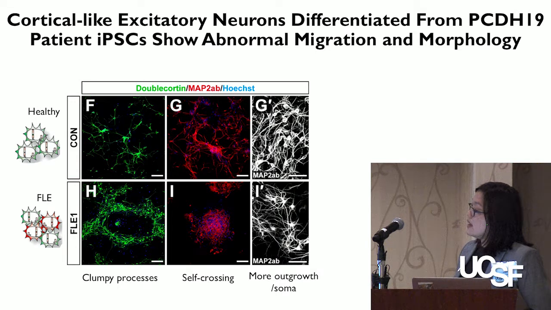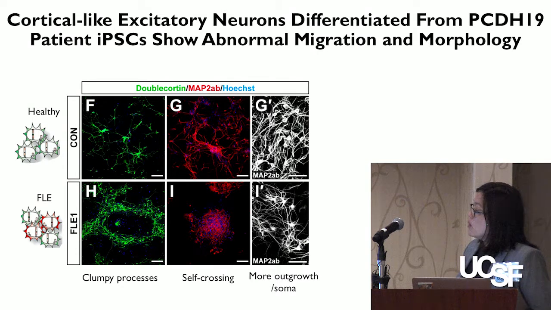Compared to the healthy control, the neurons generated from the female patient tend to be clumpy and aggregate, as shown in this left panel and also in the middle. And then they have more self-crossing, and there is a publication showing PCDH19 is important to prevent cell crossing.